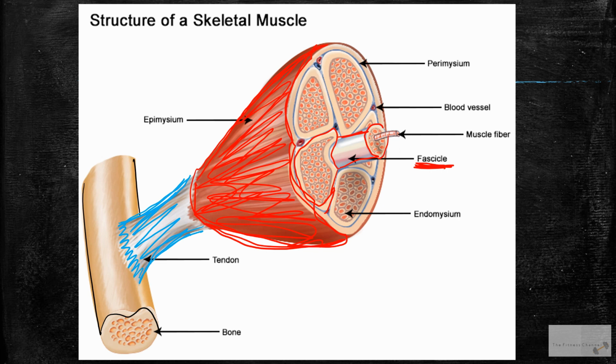Now those fascicles have got inside them even more bundles. So inside that you're going to have your individual muscle cell or a muscle fiber. Now inside of those you're going to have something even smaller called a myofibril, and it's inside that myofibril where you're going to start seeing these sarcomeres.